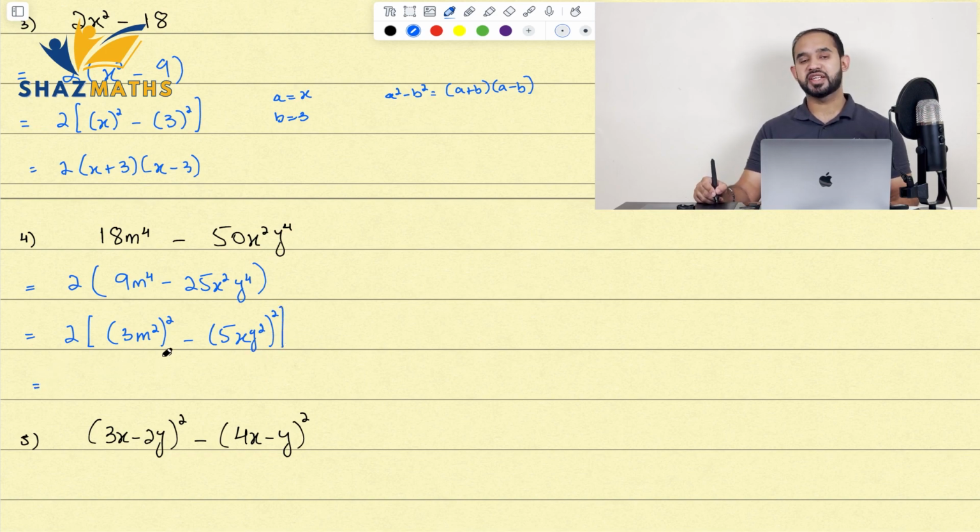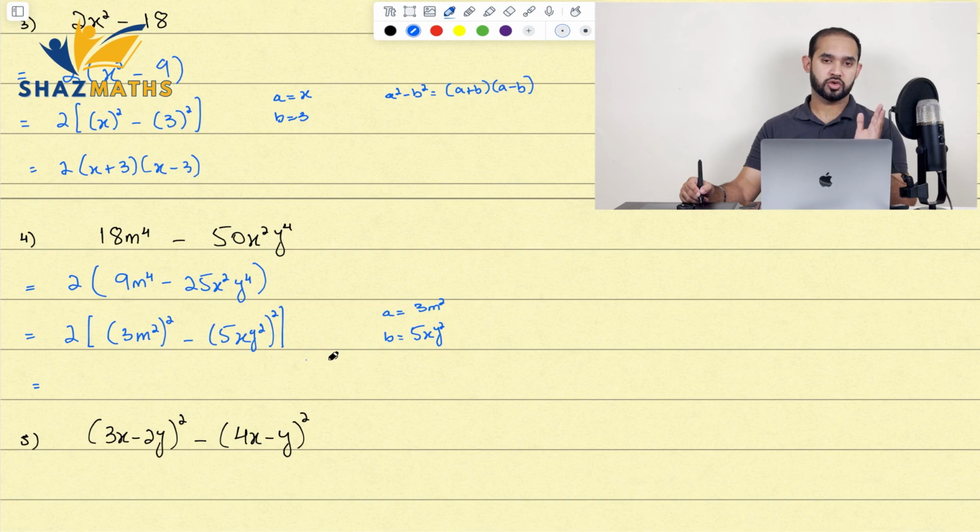So again, remember the identity, a square minus b square is equivalent to a plus b times a minus b. That means a in this case is 3m square and b in this case is equivalent to 5xy square. Okay, and that is equivalent to, like, a square minus b square equals a plus b times a minus b.